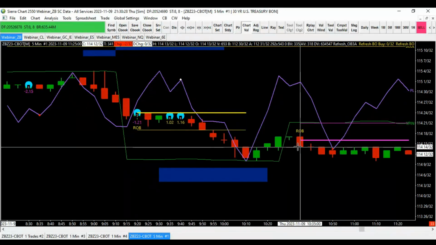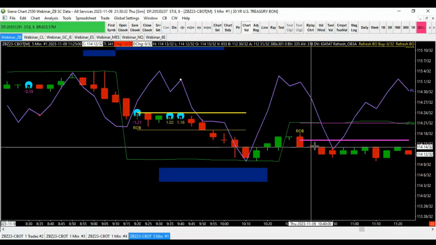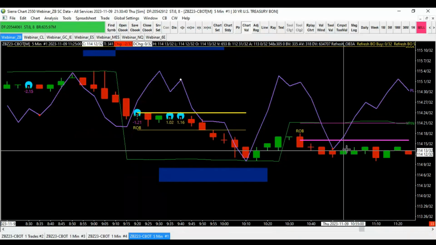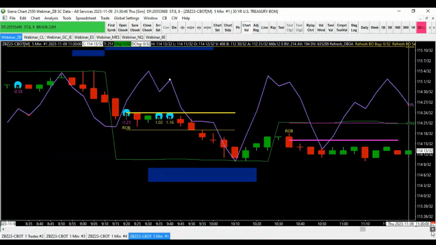So again, it's a level of risk. You have to decide if you want to take it. I would probably enter with a small size to begin with, see how it goes. It didn't go very far before it started to flatten out, but you would still have made a few ticks anyway.